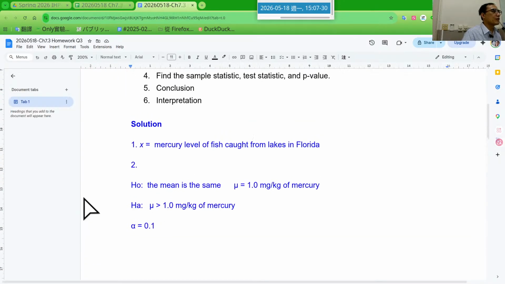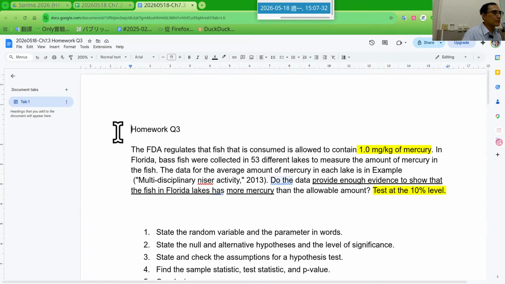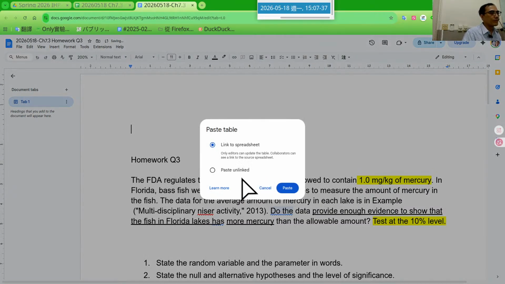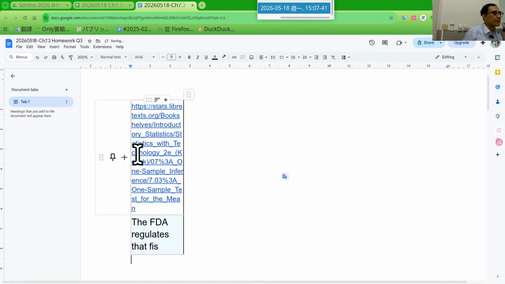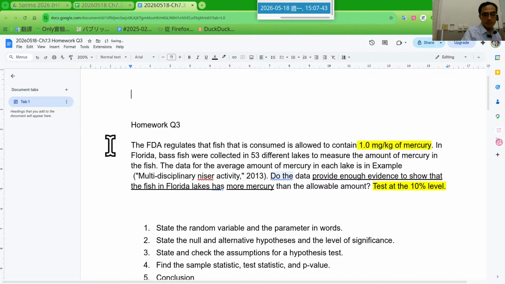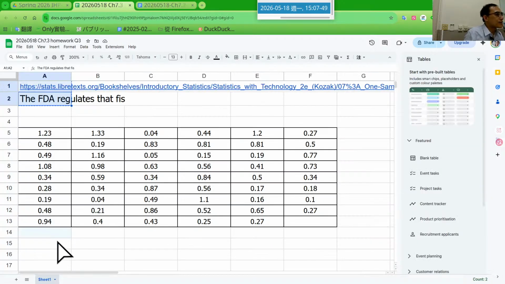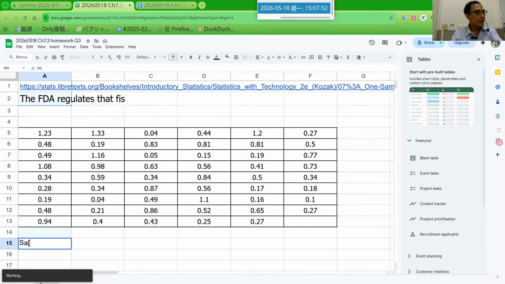Then in the future, if you forget details, okay. Then next, how to get the sample mean.